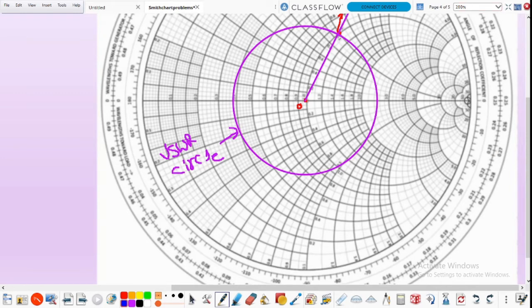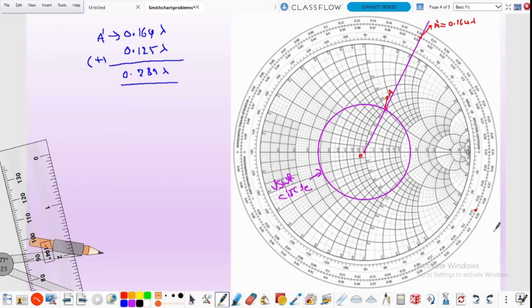On the outer rim, 0.289. And this is B dash, equal to 0.289 lambda.